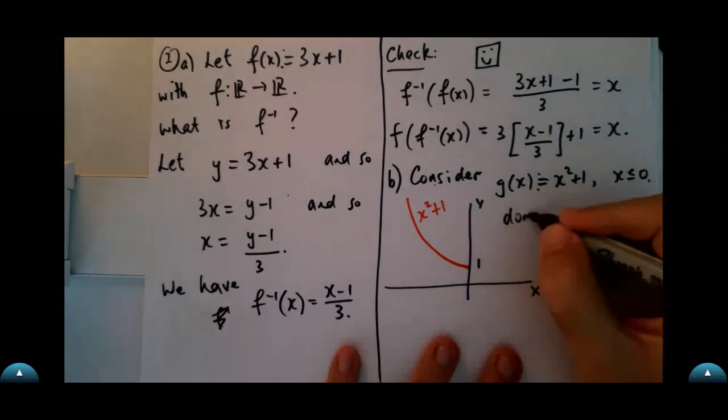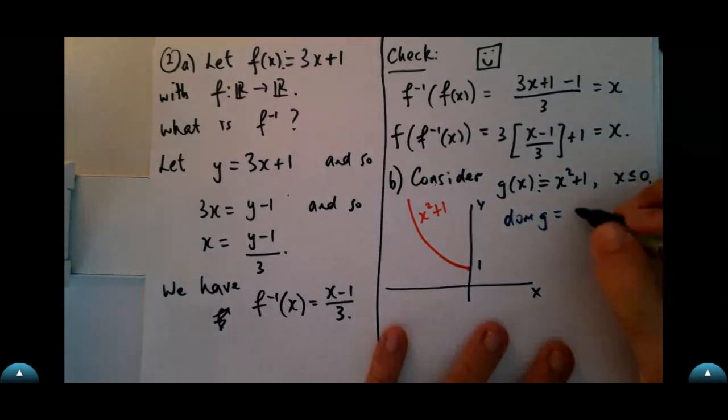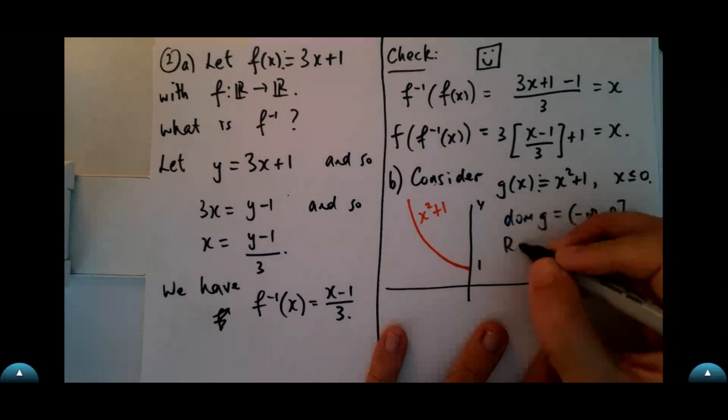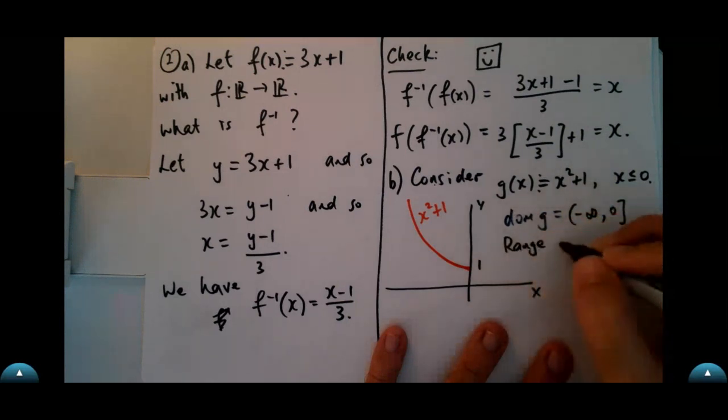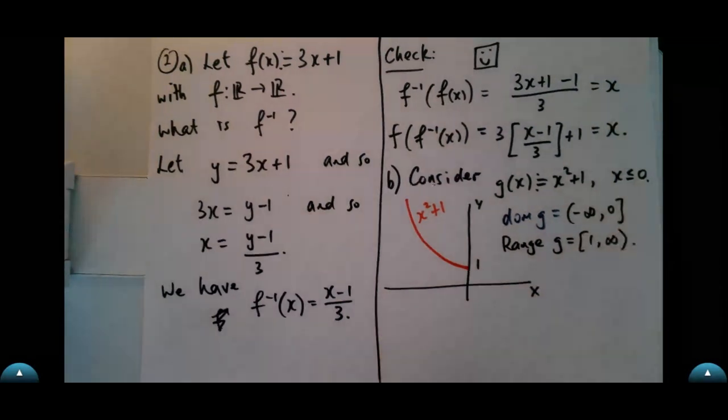So the domain of G is this interval here, and the range of G is 1 to infinity.